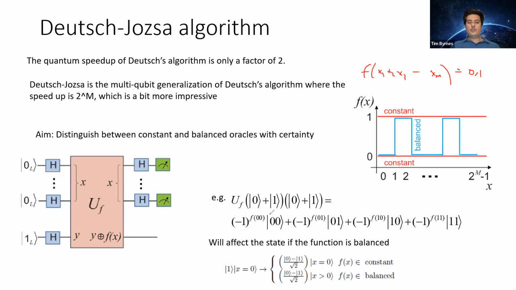This is like a 2-qubit example here. So imagine we've got 2 qubits here. What this U of F does is basically pull out this phase -1 to the power of F00 and so forth. If this function is constant, then all these phases will be the same.